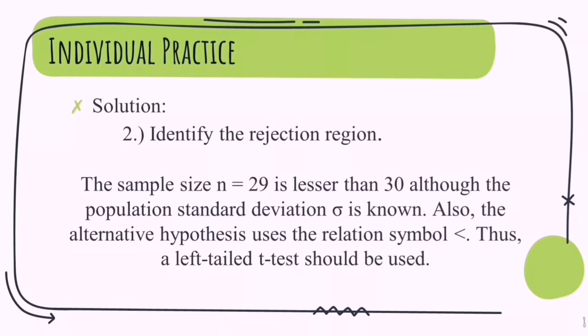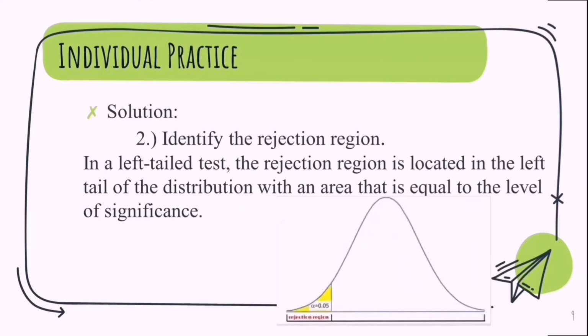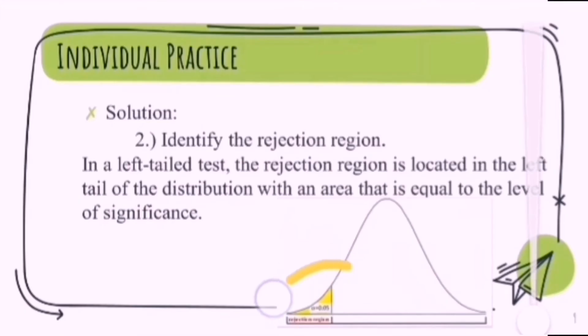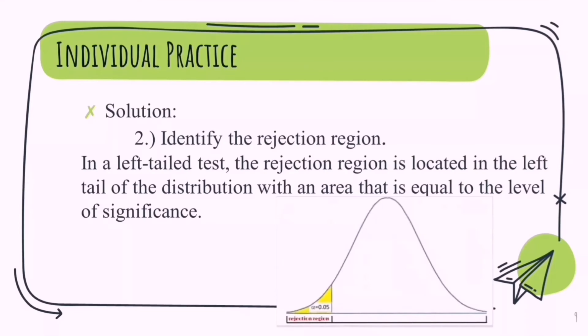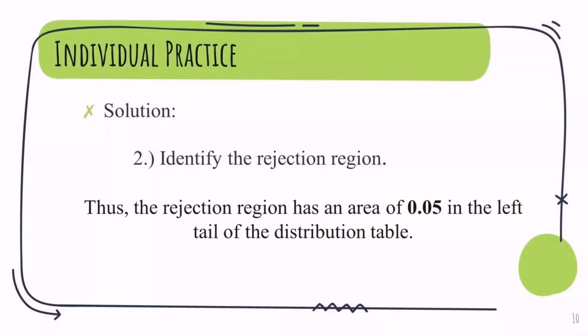In a left-tailed t-test, the rejection region is located in the left tail, as shown here, with an area equal to the significance level. So, we can conclude that the rejection region has an area of 0.05 in the left tail of the distribution.